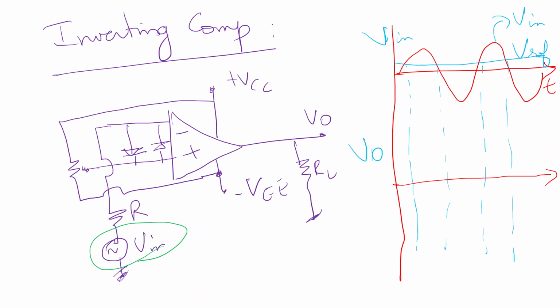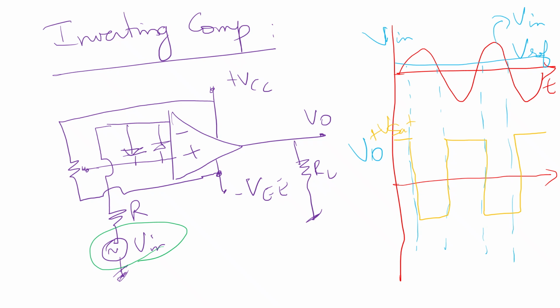Now here the V reference is greater than the input voltage, but the input signal is fed to the inverting terminal. So the output will be from plus Vsat to minus Vsat. Yes, this is the output which is generated by the comparator.